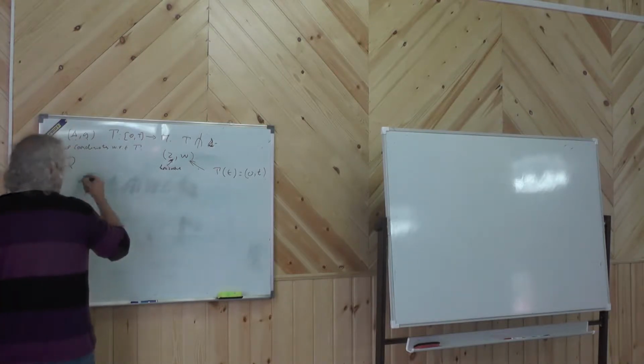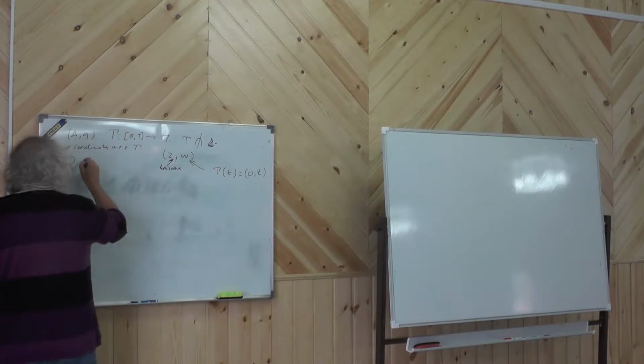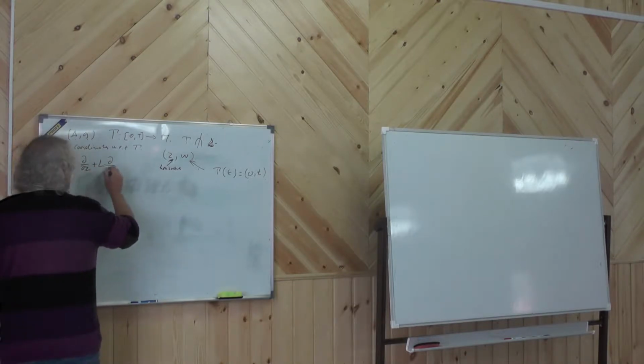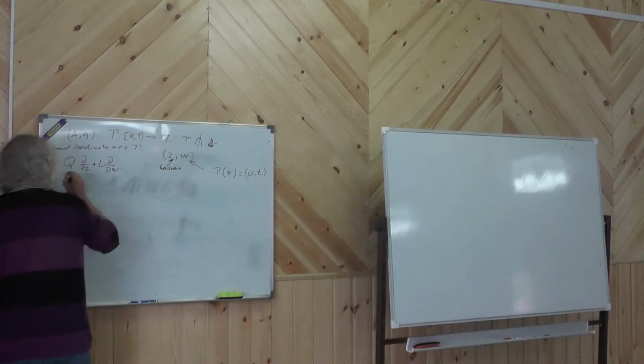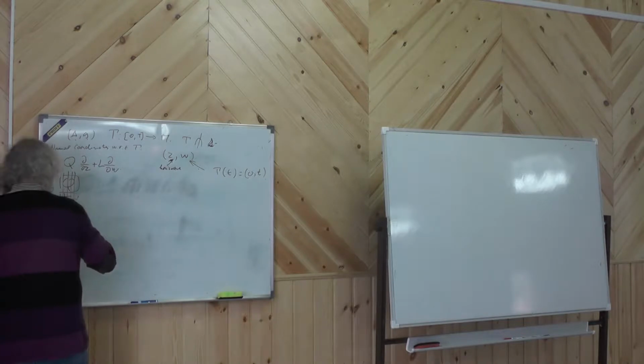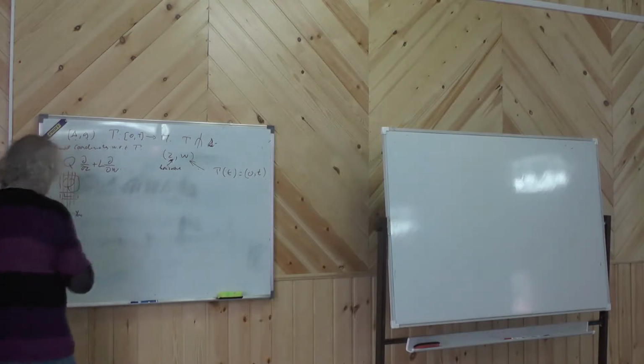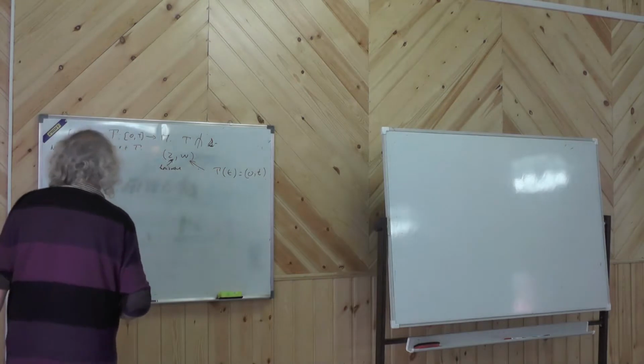I denote in abbreviated notation the orthonormal frame field by Q d/dz plus L d/dw, which means that if you consider the matrix that you obtain by putting the linear form L under Q, then the columns of this matrix are an orthonormal frame field for the metric.